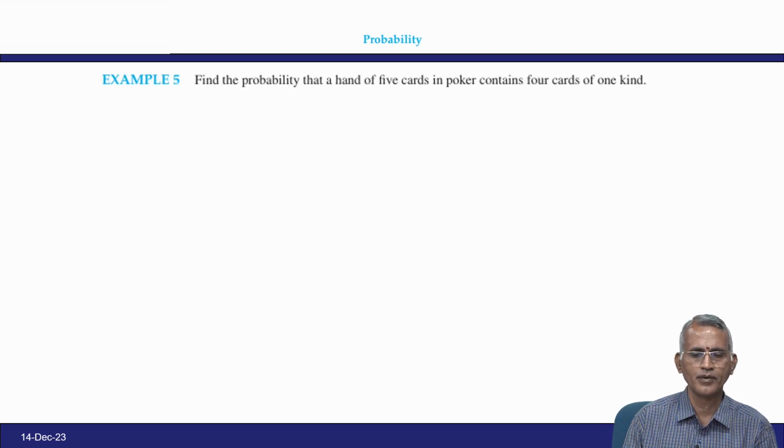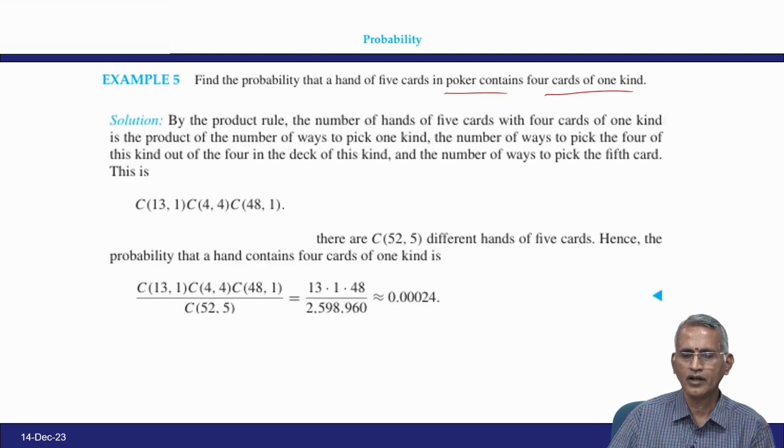Next example, find the probability that a hand of 5 cards in poker contains 4 cards of one kind. How to calculate the probability? By the product rule, the number of hands of 5 cards with 4 cards of one kind is the product of the number of ways to pick one kind, the number of ways to pick the 4 cards of this kind out of the 4 in the deck, and the number of ways to pick the 5th card.